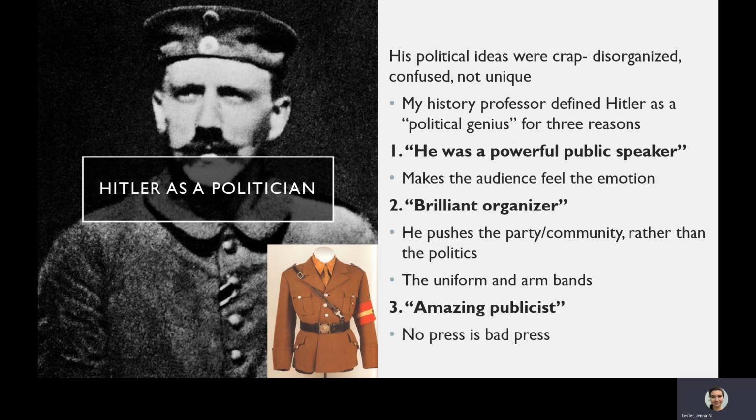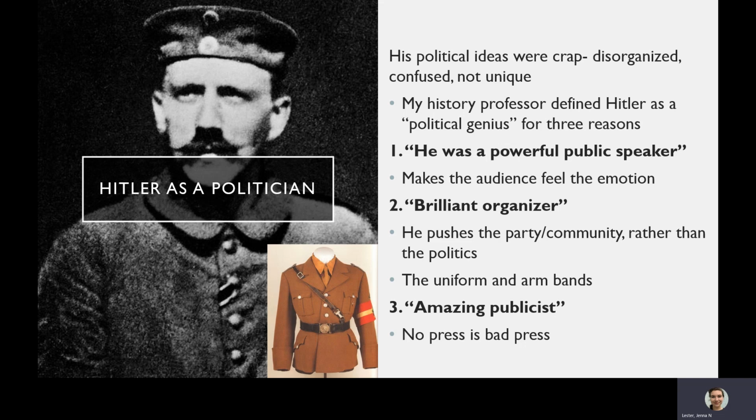His ideas were all confused, so people who spoke German also didn't understand what he's saying. But he was so good at making the audience feel something that people came to listen and people were loyal to him, and he could make a crowd angry or sad or feel whatever he wants. That's an extremely important quality in a politician.